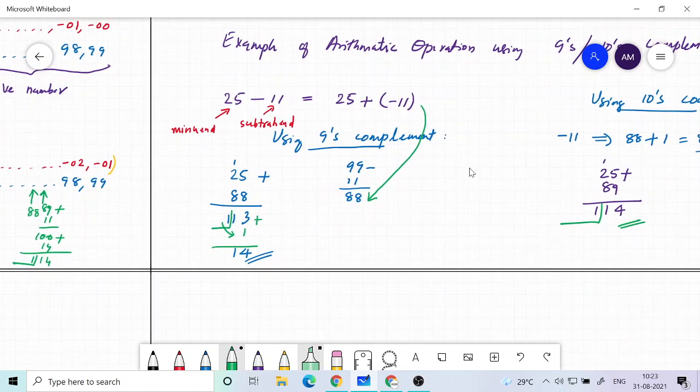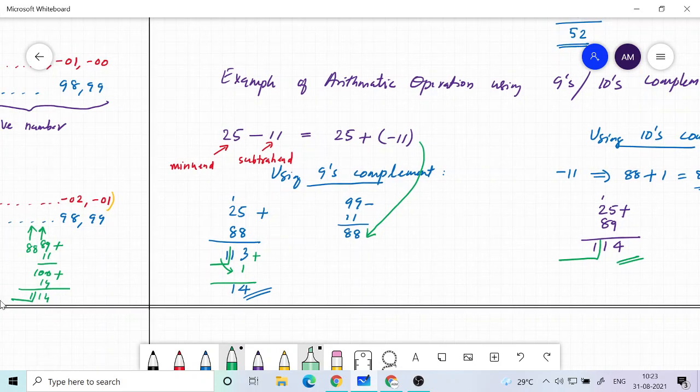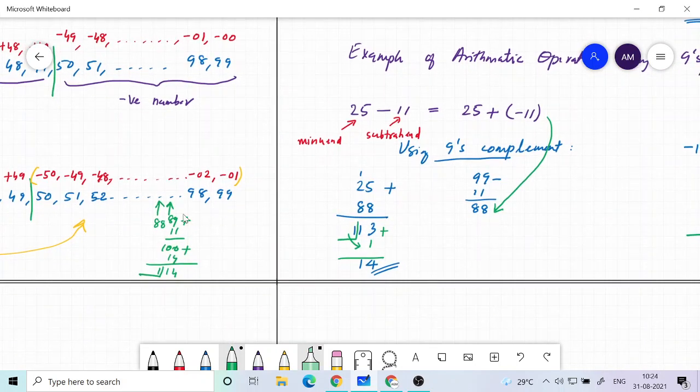So this is what is happening through the algorithm. The algorithm does not just come out of nowhere, but it is coming out of this mapping which I have shown here. You are standing at 89, you are adding 25 to it, which means you take 25 steps and then you reach 114. And why does discarding the carry give you the right answer? Because it has already cancelled the 11.